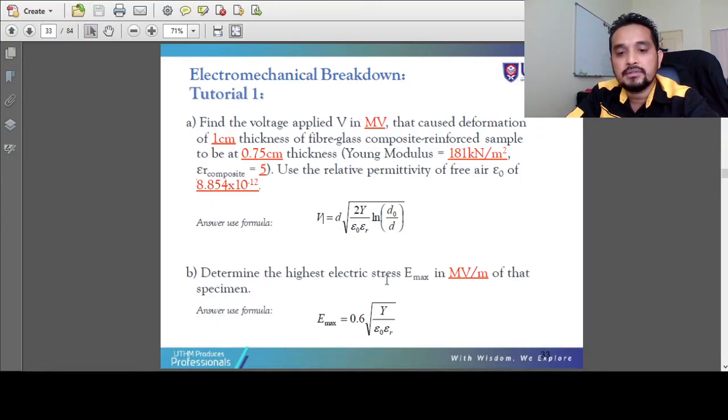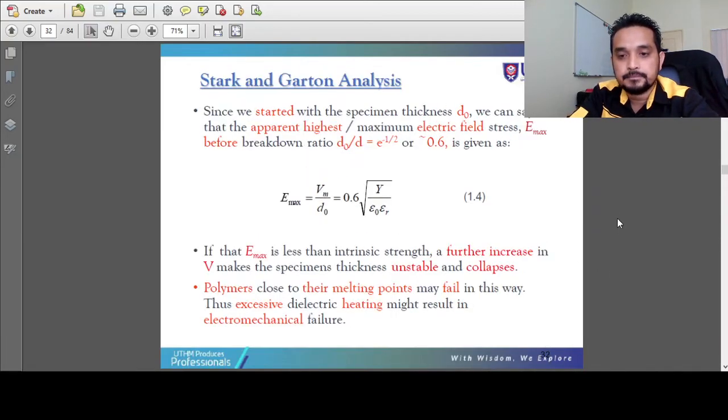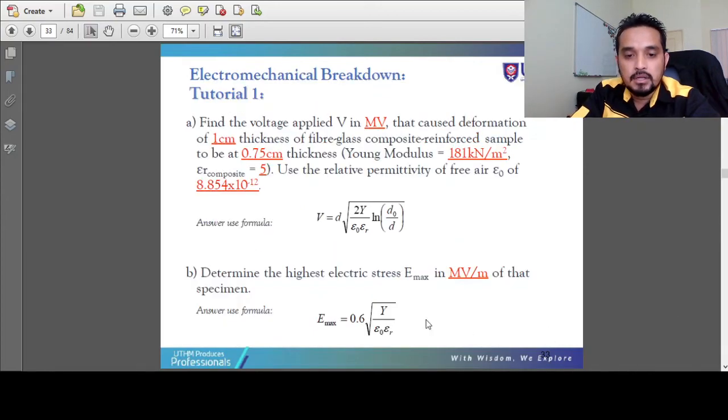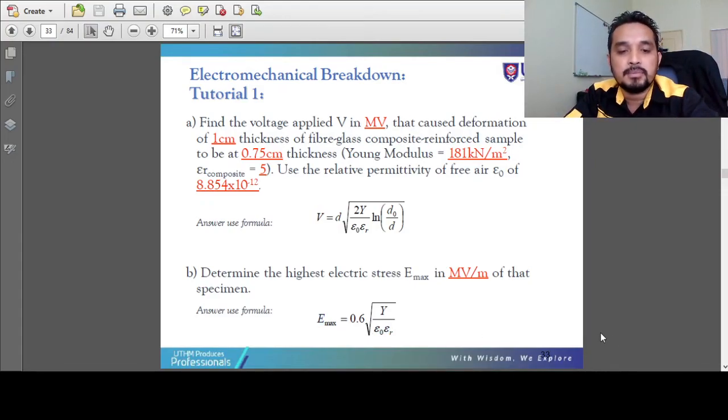Next, determine the highest electric field stress, E max. For E max, we simply use this formula with 0.6. Why 0.6? It is D naught, the initial thickness, divided by the final thickness D. We just plug in the values and it will give you the answer. It's just mathematics; it's a matter of knowing which formula to use.